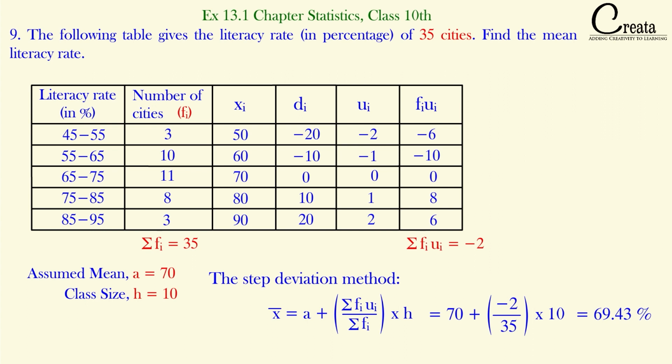One practical thing that you should note is that we got the mean value as approximately 70%. It does not mean the literacy rate of all the cities will become 70%. Still, many cities have a literacy rate in the range of 45 to 55%, and many cities still have a literacy rate in the range of 85 to 95%.